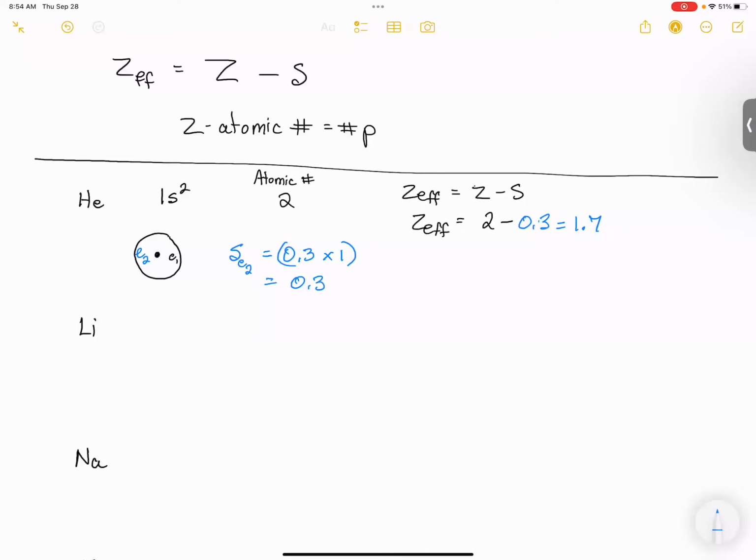Okay, let me go back and explain now that everybody's written it down. I am trying to figure out the impact on this electron. Well, the impact on this electron is related to that electron, which there is only one of them.